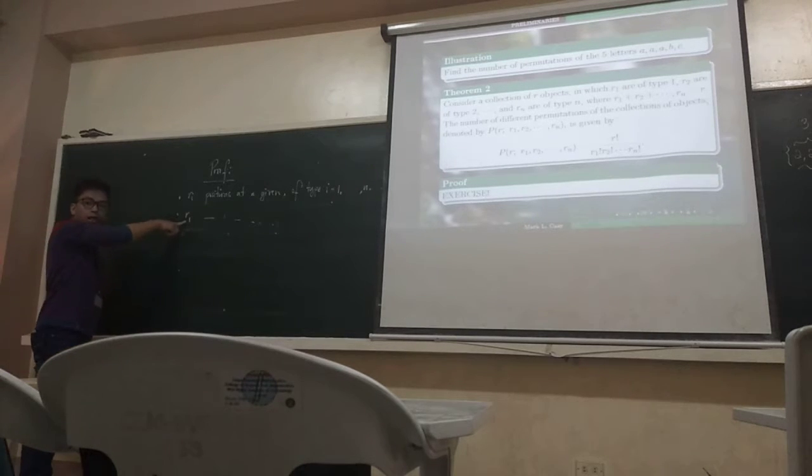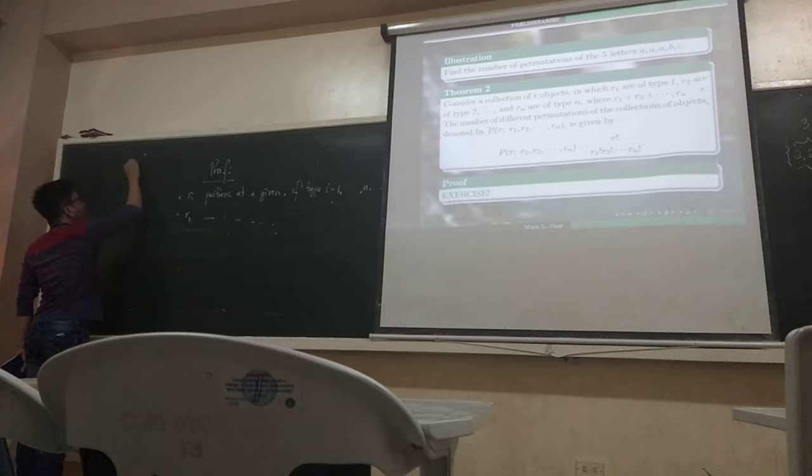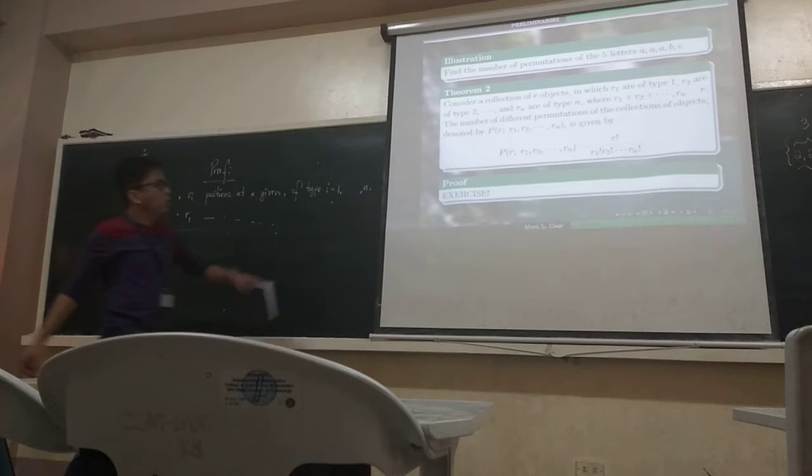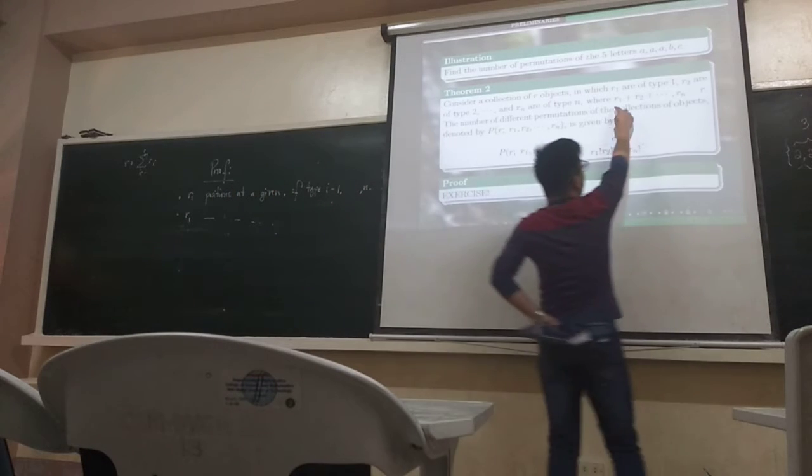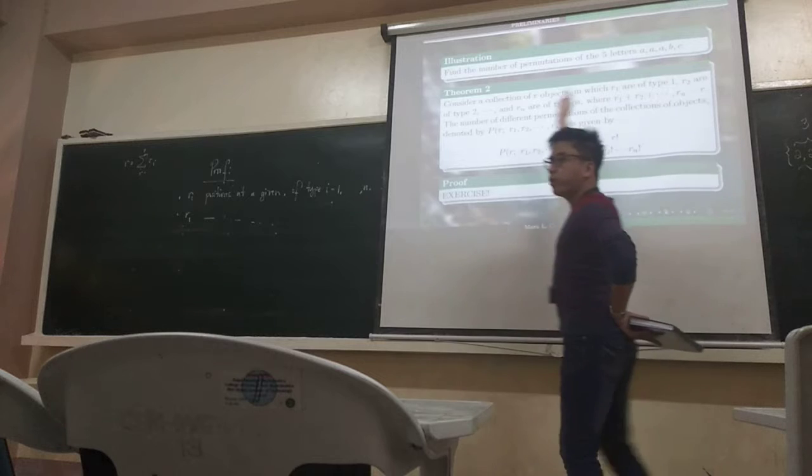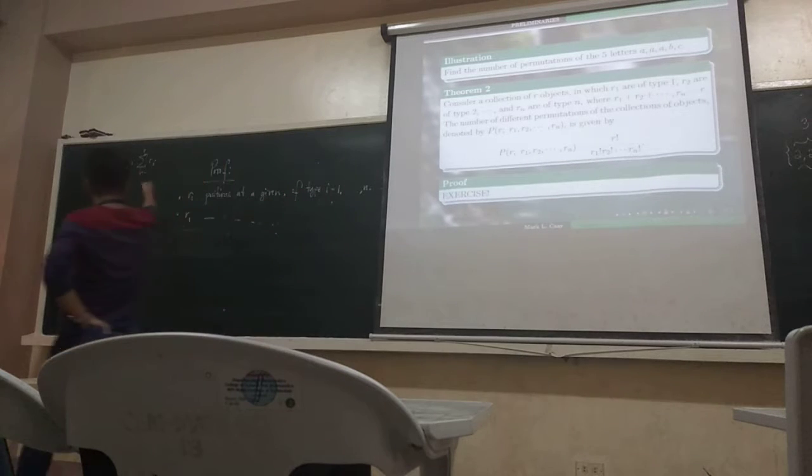R sub 1, nakuha na to siya coming from atong number of R, tama? Diba, ang atong R is equal to the summation of R sub i from 1 to n, tama? The summation of your R sub i's from 1 to n is R. So if I pick R sub 1 here, you have R choices from R sub 1.